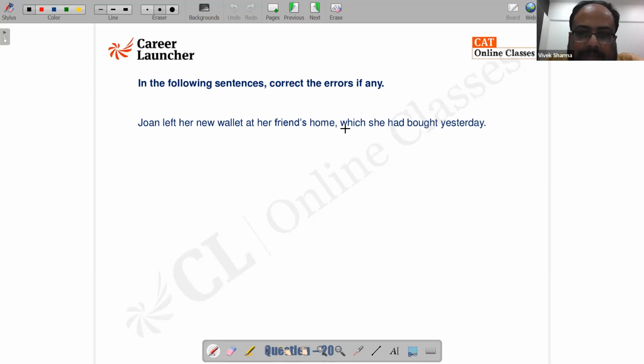In this sentence, what is happening is, if you look at this portion, which she had bought yesterday, Tanya correct. Anshul correct. That is the correct construction. This should be: Joan left her new wallet, which she had bought yesterday, at her friend's home. Right? I'll write it down here.